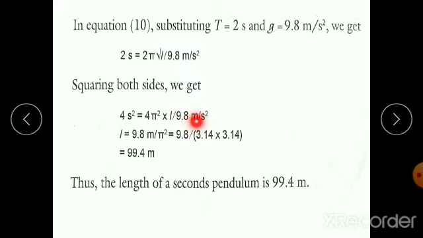You want to find the length of the pendulum, so keep it on one side and send the 9.8 to the other side. The 4 and 4 get cancelled, so you get the length of the pendulum equals 9.8 meter divided by pi square. You know the value of pi is 3.14, so pi square means 3.14 into 3.14. So you get the length of the pendulum as 0.994 meter. Thus the length of a seconds pendulum is 0.994 meters.